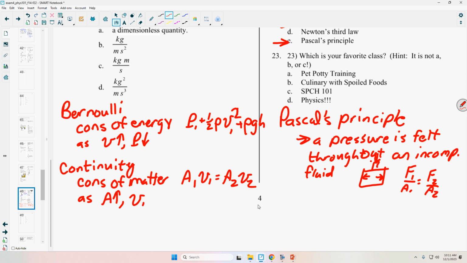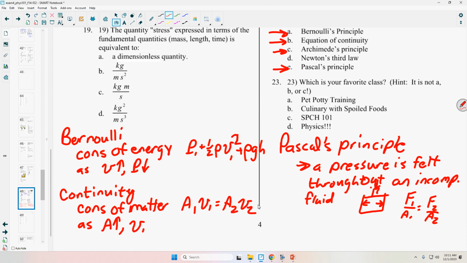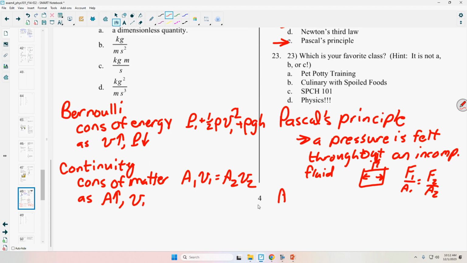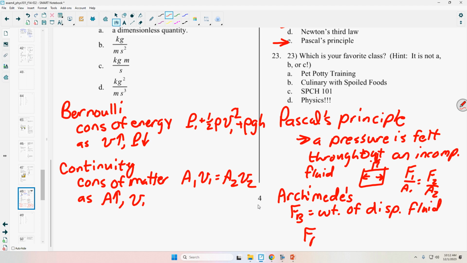And then the other one was Archimedes' principle. That is that the buoyant force equals the weight of the displaced fluid. The equation for that was the buoyant force is equal to rho times V times g.